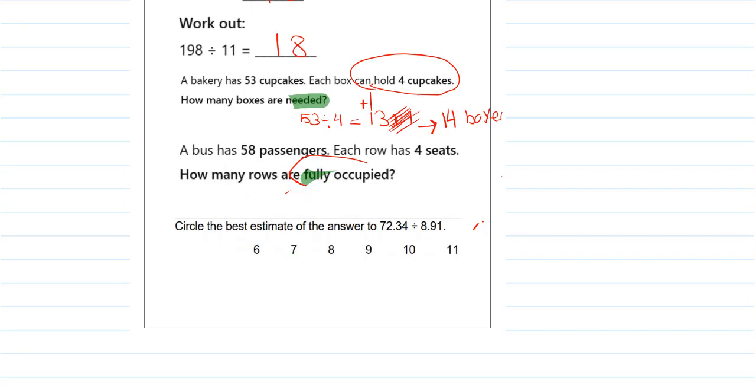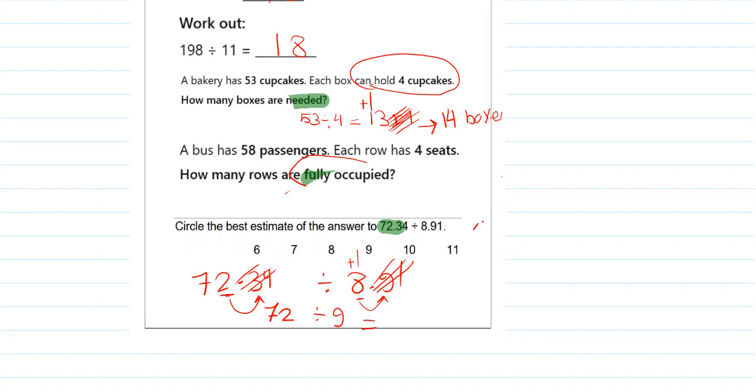Round 72.34 to the nearest whole number and 8.9 to the nearest whole number. 72.34 to the nearest unit: after 2 is 3, and 3 is poor, so it will be just 72. 8.9: after 8 is 9, and 9 is rich, so you cancel the decimal and add 1 to 8. It will be 9. So 72 divided by 9 gives you 8, and this is the best estimate.